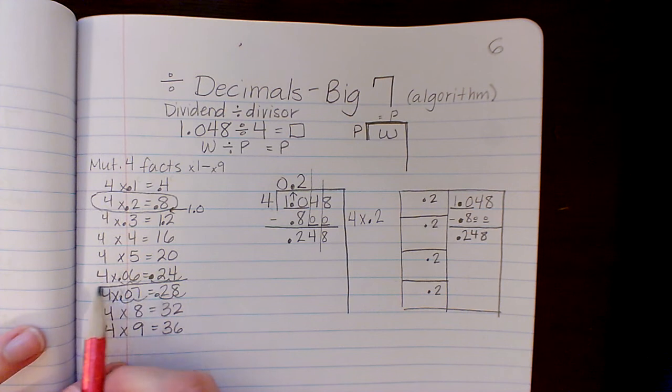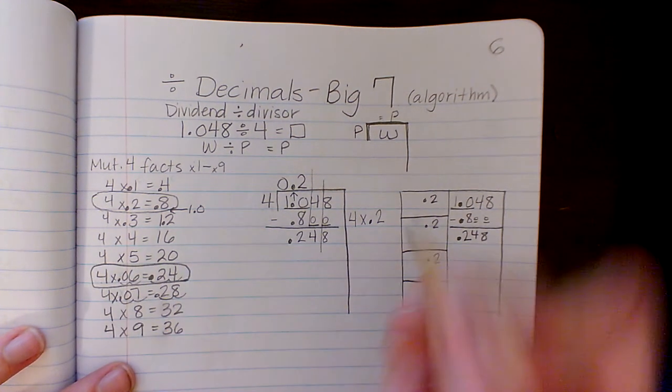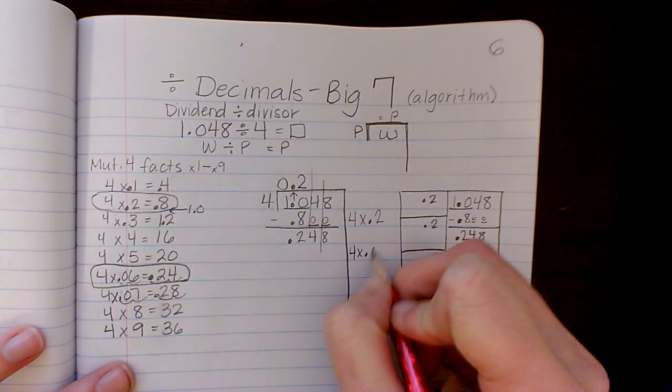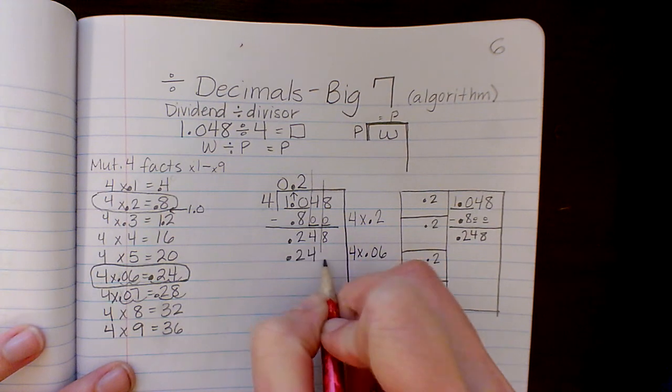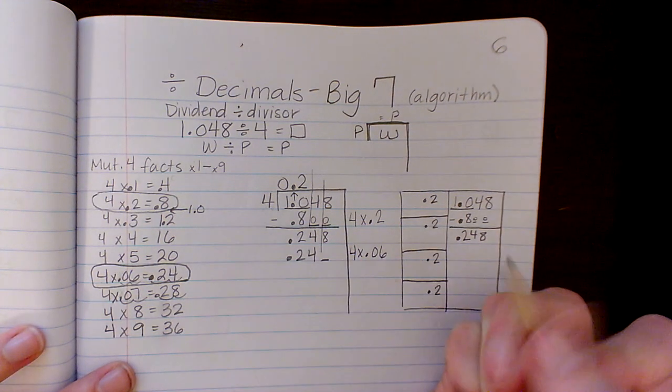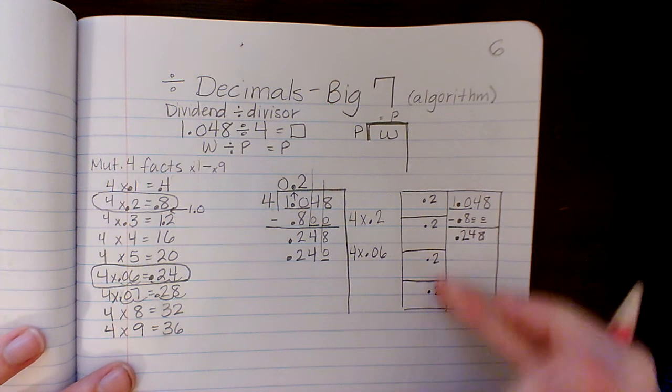So I'm going to use this fact. So I know that 4 times 6 hundredths would be 24 hundredths. And then what goes here? 0. So what is going into each one of these groups is another 6 hundredths.